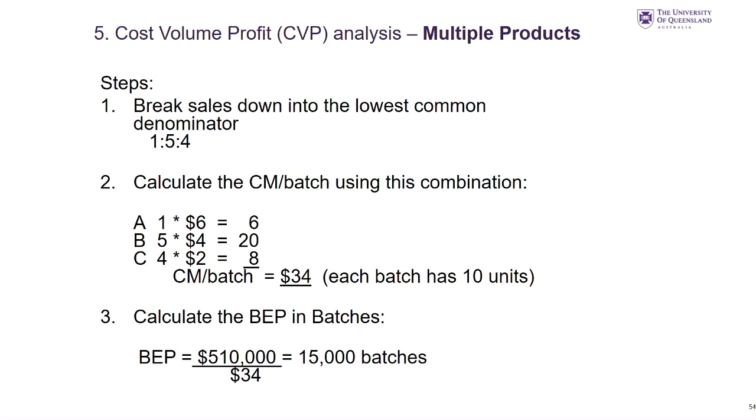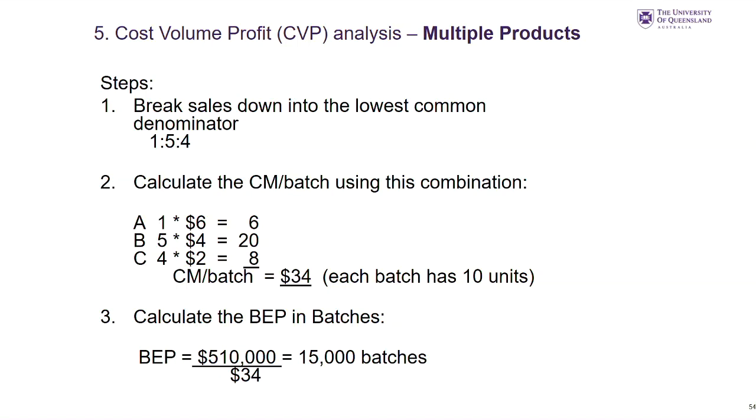So for A, it's 1 by 6, for B, it's 5 by 4, and for C, it's 4 by 2, and then we add these together to get the contribution margin per batch. So we use that contribution margin per batch, and we divide our fixed costs by the contribution margin per batch, and we know that we have to produce and sell 15,000 batches to break even.